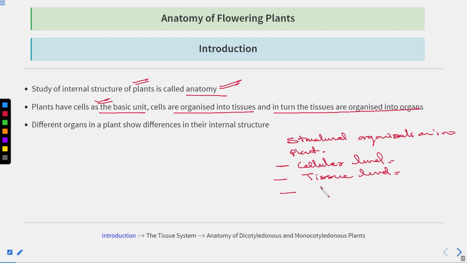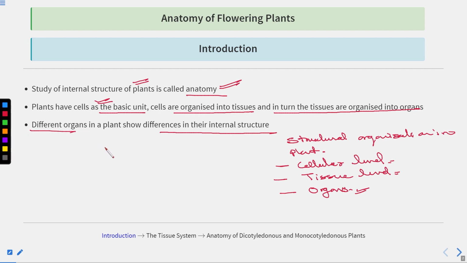Now after that we see different tissues organized to form organs. They are forming the organs as well. So we can see this structural organization in plants, and the different organs in plants show differences in their internal structure, right?